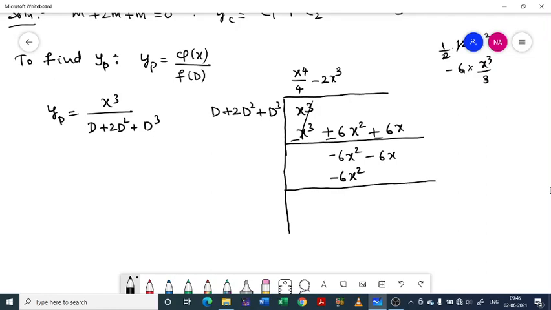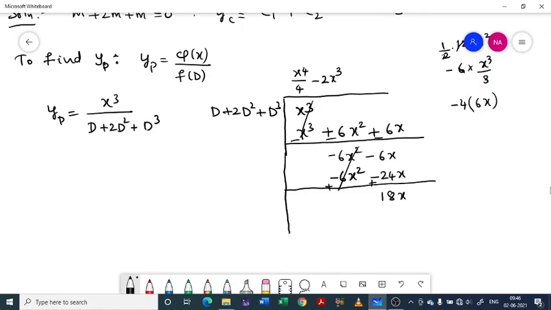Next, minus 2x cube into 2d square. So minus 4 into 2 times the derivative of x cube. First derivative will be 3x square, second derivative will be 6x. So we get minus 24x. So plus plus, these two get cancelled. You get 18x.